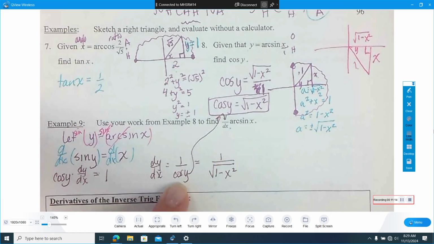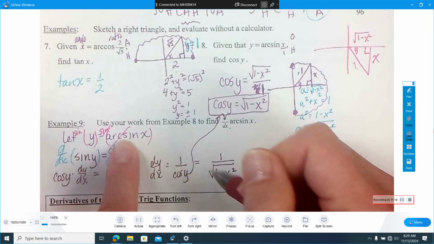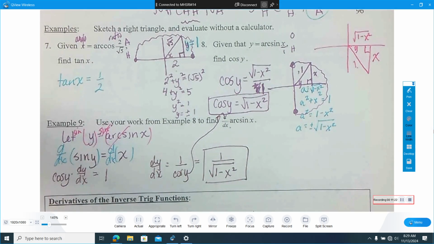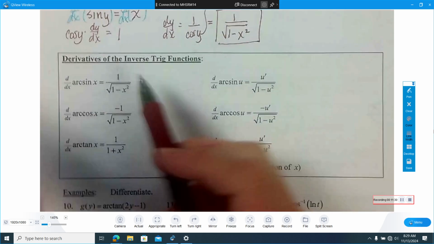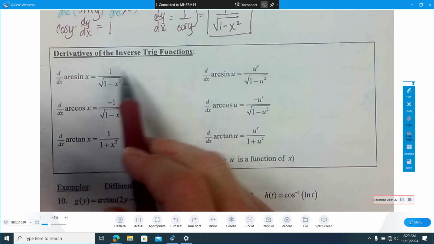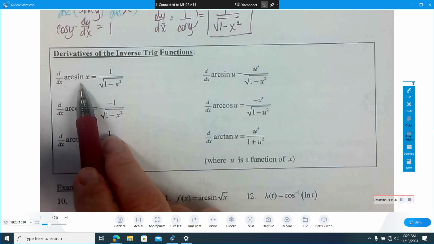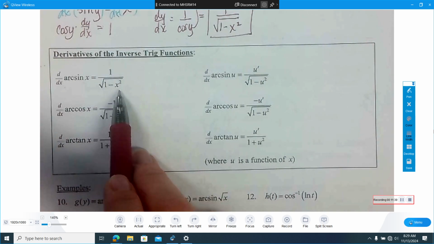Kind of interesting, right? So the derivative of arc sine is 1 over the square root of 1 minus the thing squared. You can see that right here in the derivatives of inverse trig functions. So the derivative in terms of x of arc sine is 1 over the square root of 1 minus x squared.